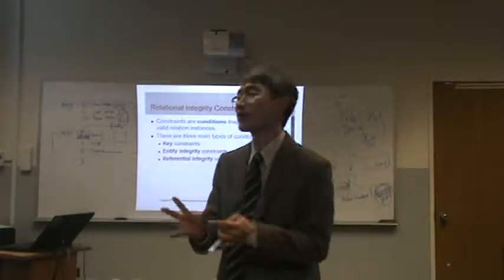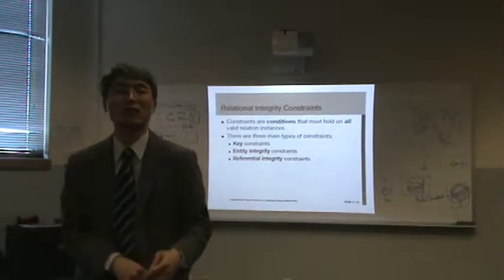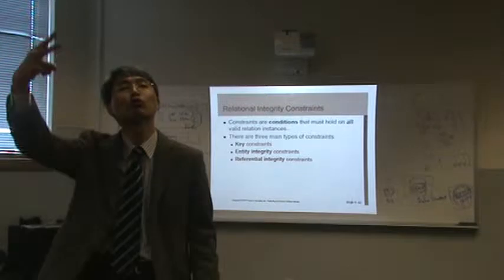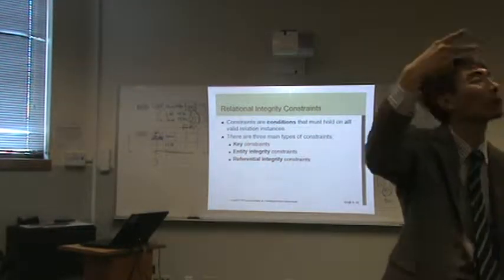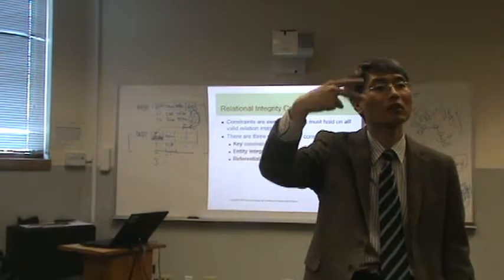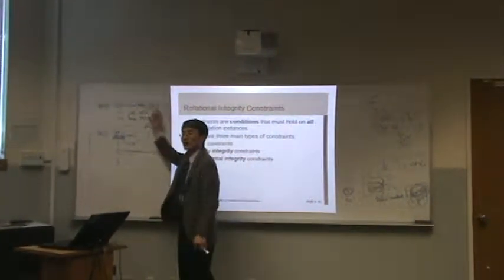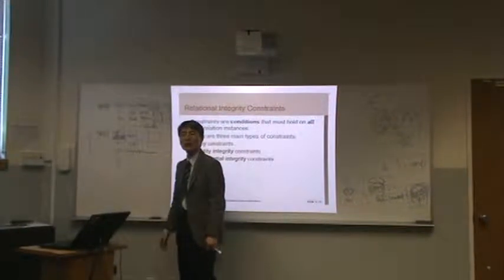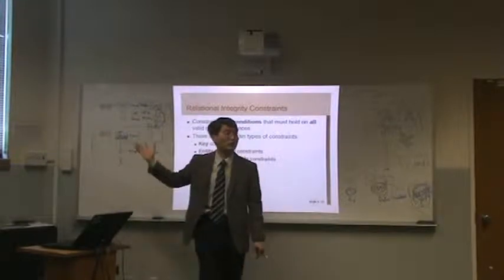When they open the system, no problem. But a year later, it's a disaster. They cannot manage. Sometimes two identical customers are in the table because there is no primary key. And sometimes an employee works for a totally different department because the constraint is not controlled.